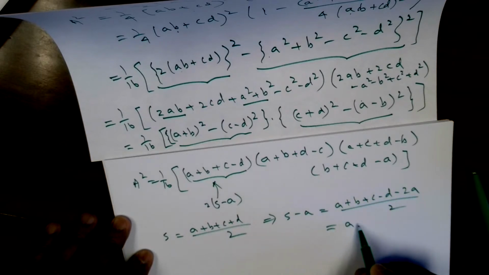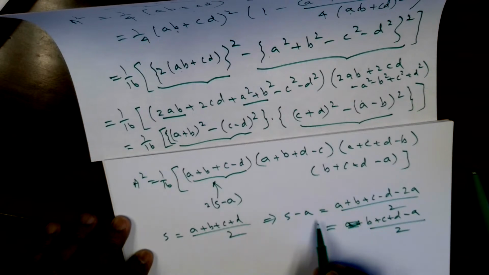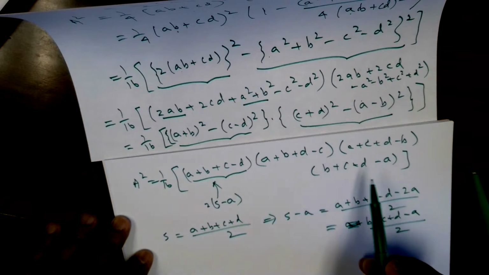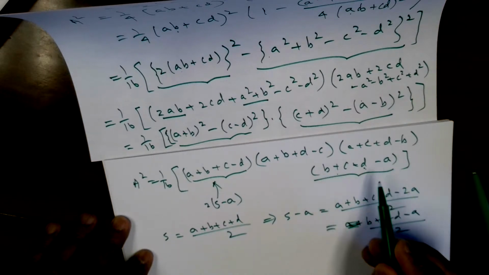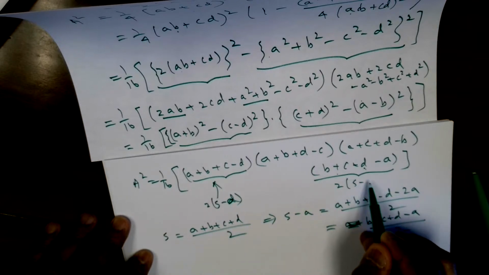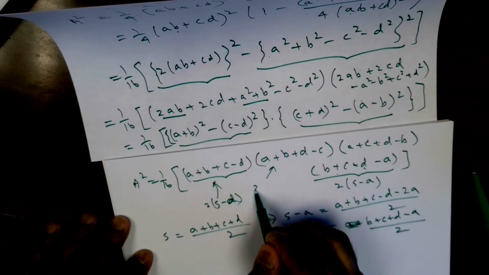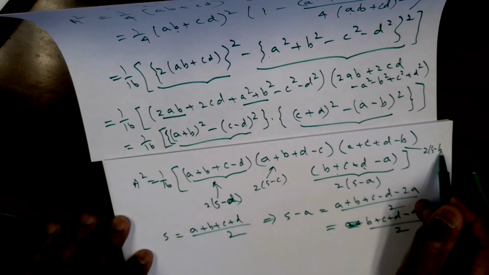So that's going to be b plus c plus d minus a by 2. So 2 times this is b plus c plus d minus a, etc. So this is 2 times s minus d. This is 2 times s minus a. This is 2 times s minus c. This is 2 times s minus b.